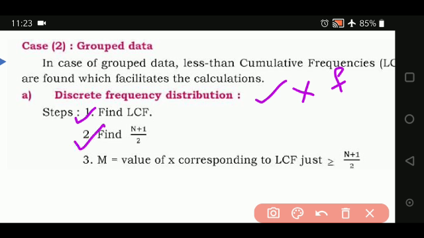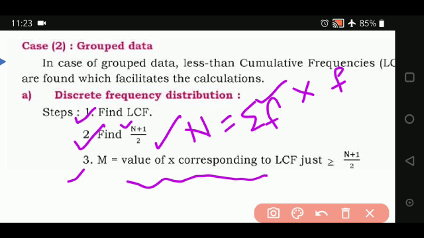Second, small n is changing to capital N, because capital N is total frequency, summation f. N plus 1 divided by 2. Then median is equal to the value of x corresponding to LCF just greater than or equal to (N plus 1) divided by 2. Just remember the formula, that's it.